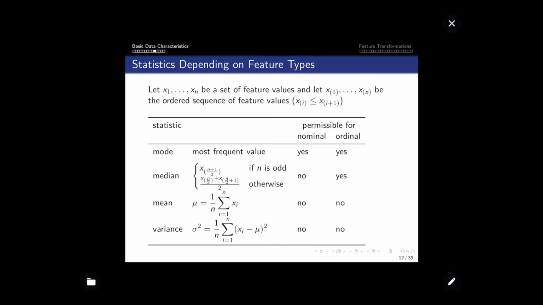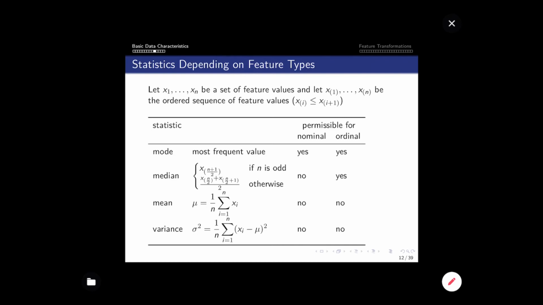Okay, so now let's have a look at the statistics we can use depending on the feature types. So most of the statistics you know are eligible for quantitative data, but not always for qualitative data. So let's have a look at what we can reasonably do.